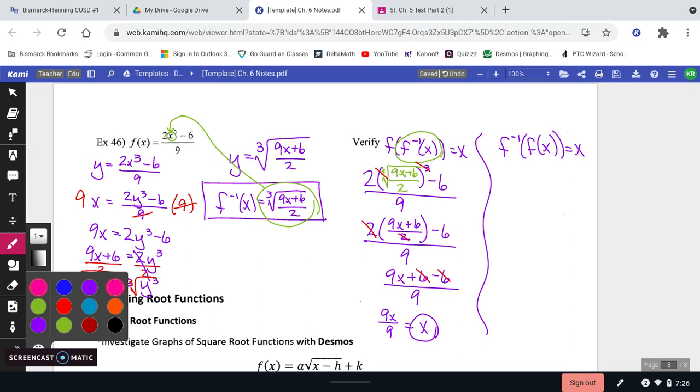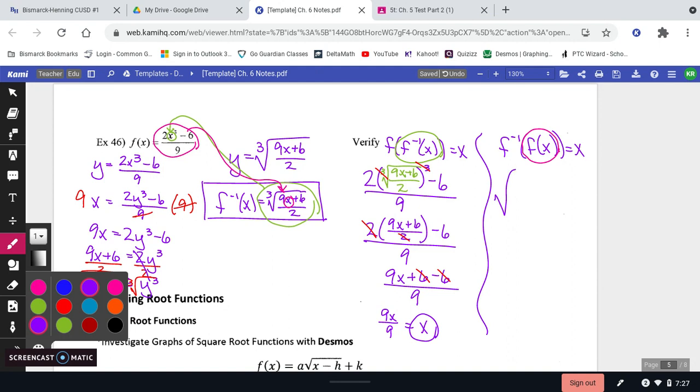So this time we're going to take f of x, and it's going to go inside of the inverse. So we're going to do the reverse. So take your function f, and it gets put inside of the inverse.